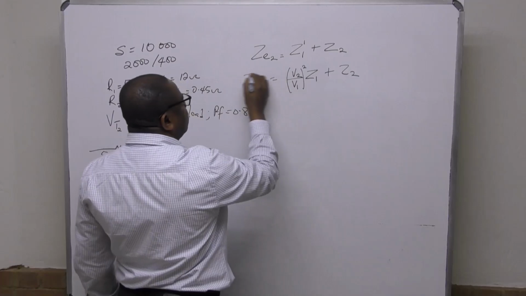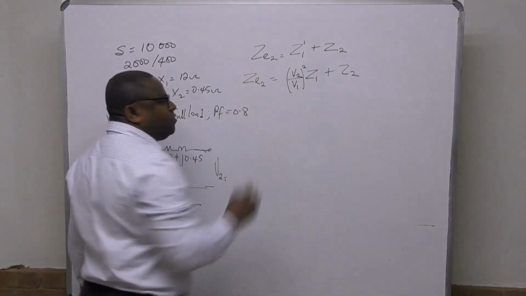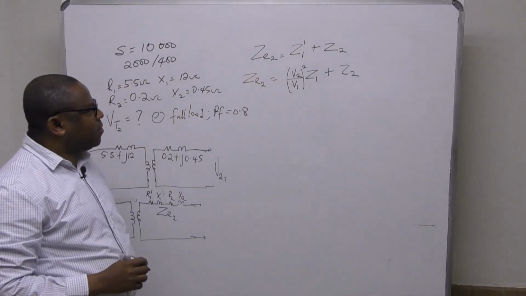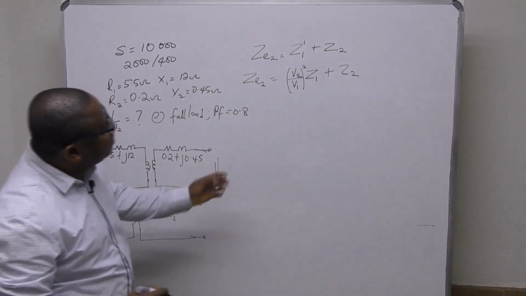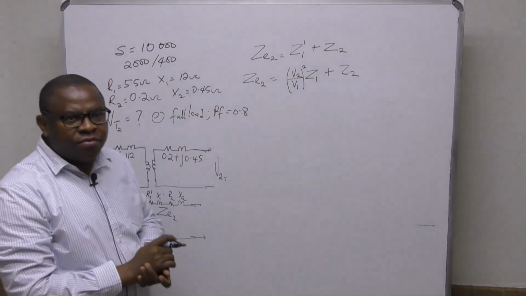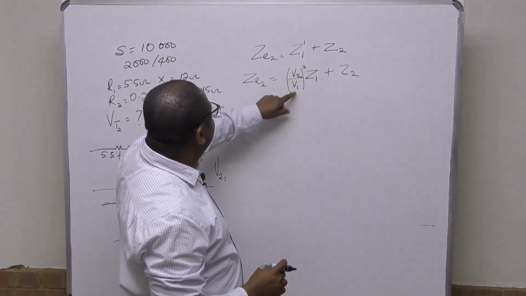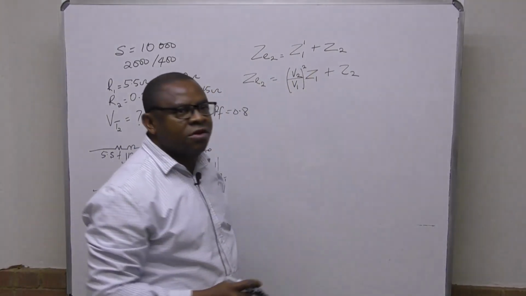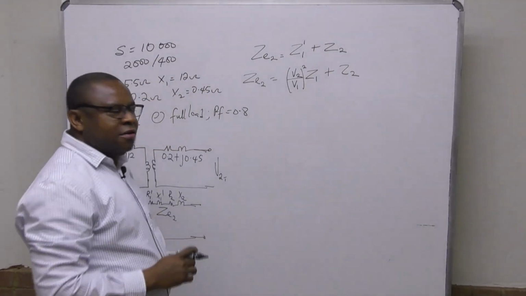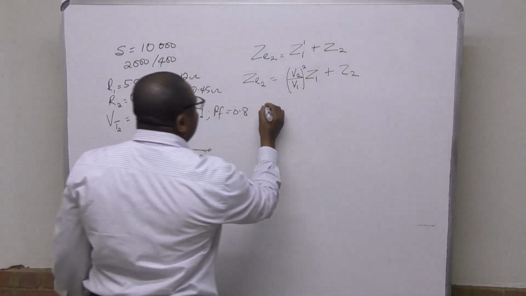This will give you Z equivalent. Let's see what we have: V2, V1, Z1, Z2.